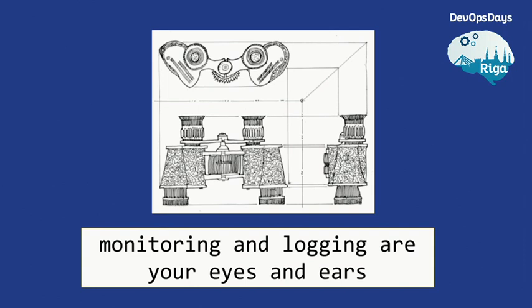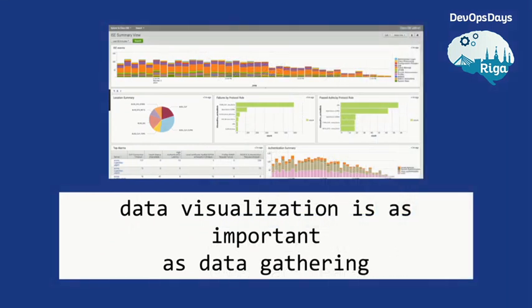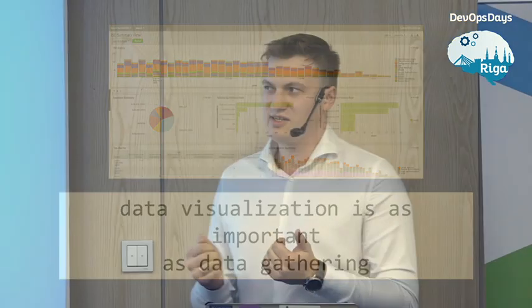Think about how much you see from security events coming from your systems. And when you have these elements, it doesn't make sense to have a lot of data if you don't have options to visualize it. There are so many cool tools around to visualize this data and see trends and so on.